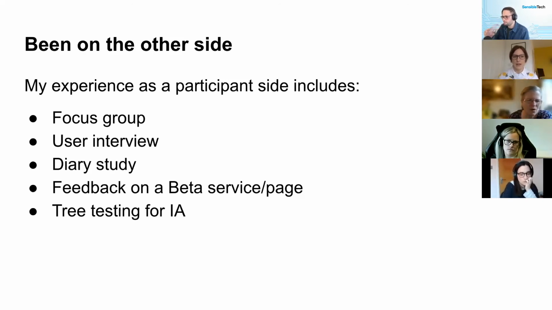I've been on the other side of these different methods. The user interview is the most intense for making sure you get an accurate idea of what that user actually thinks. The diary study is, I would say, the easiest one for people to accidentally fall behind on, and then maybe fudge a bit as they try to fill in the days afterwards. So I wouldn't necessarily recommend that one.